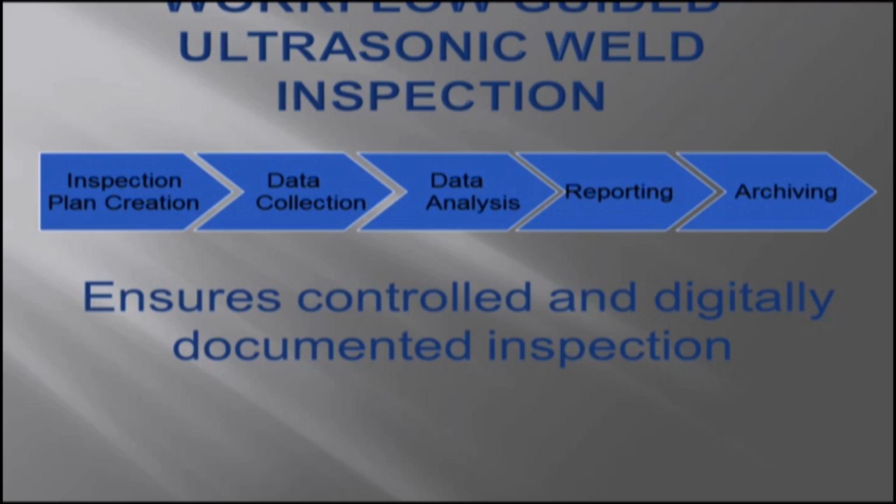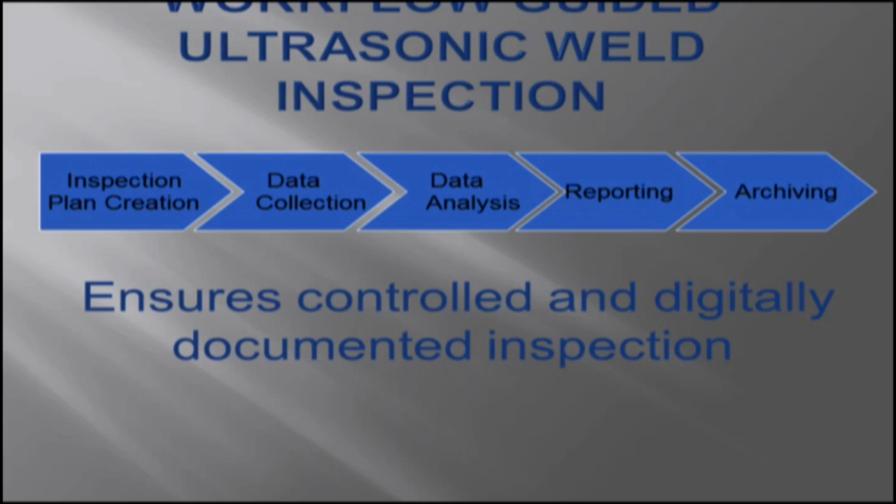In order to address a lot of those concerns, I'd like to walk through a typical workflow-guided ultrasonic weld inspection. The key thing to keep in mind is that with a workflow-guided, or also called menu-directed inspection, it ensures you have a controlled and documented inspection process.